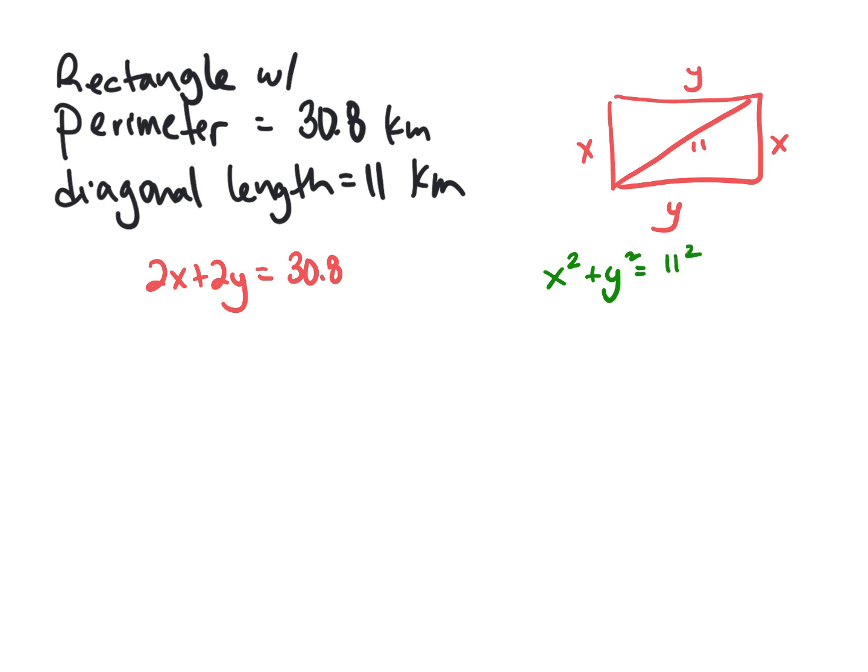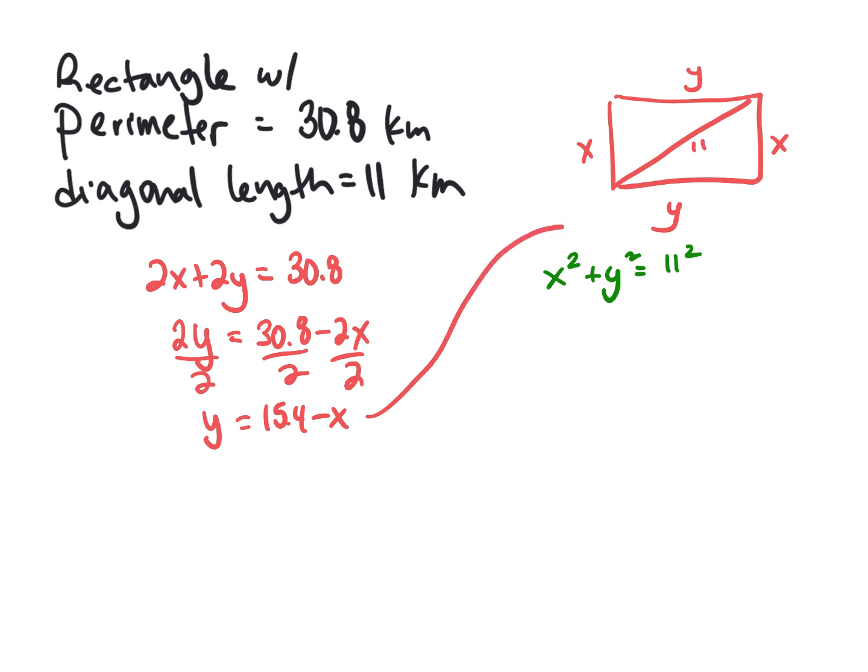So those are my two equations, because I can certainly solve this one for y. Well, 2y equals 30.8 minus 2x. Divide everything by 2. y equals 15.4 minus x. And I'll put that in for y. Now a little trickier in this case because we're squaring y, so we're going to square that whole expression.